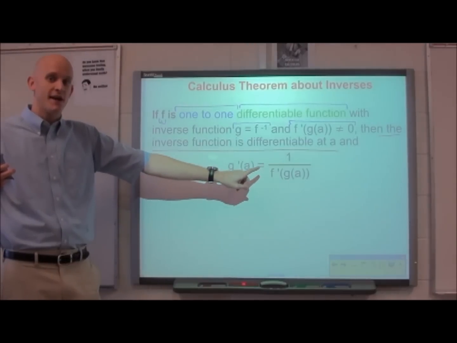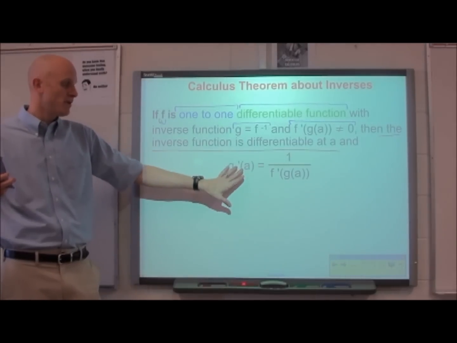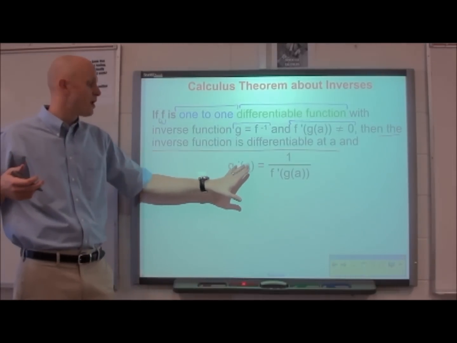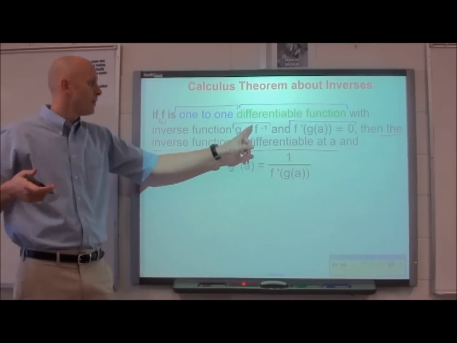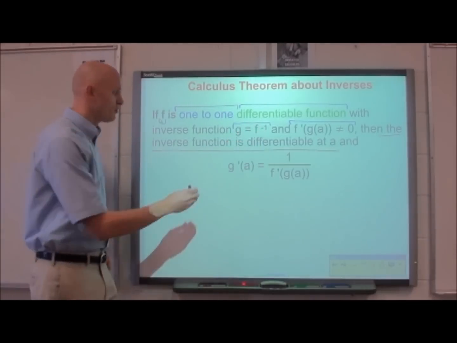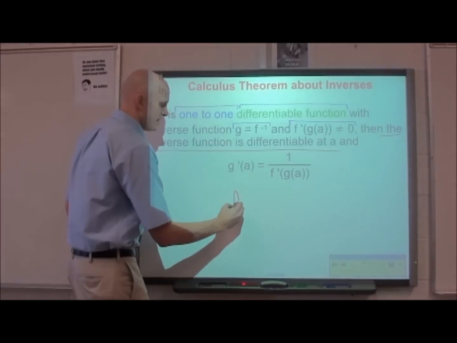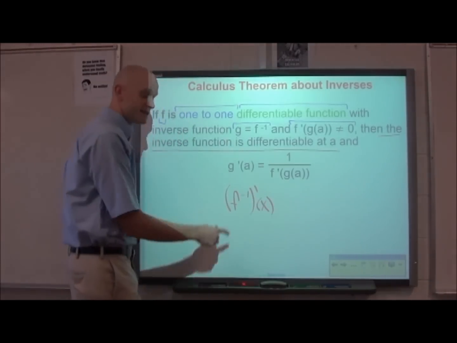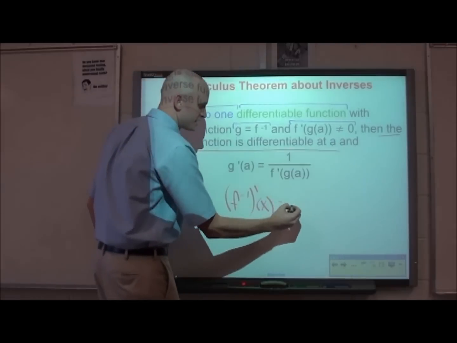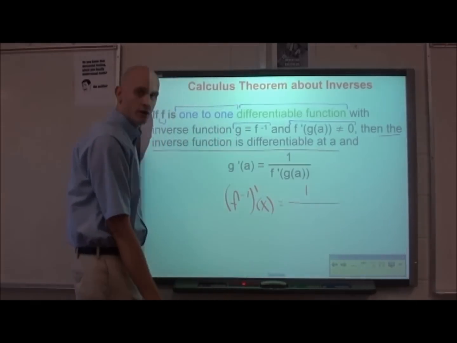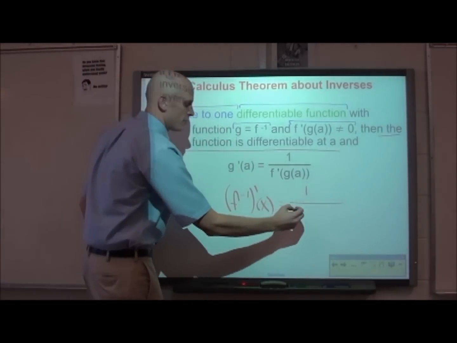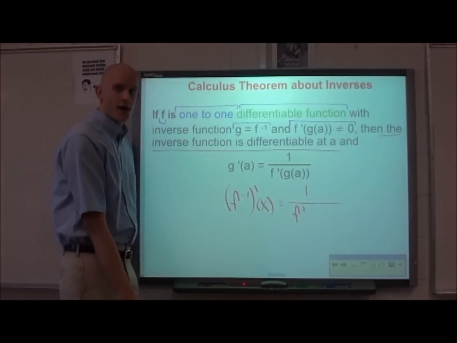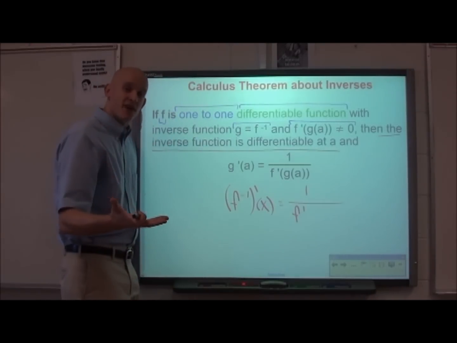and we have the formula to find the derivative. Now, let's talk about what this left side is. This is g prime of a. Remember, g was the inverse, so you can think of this as being the inverse's derivative. The derivative of the inverse is given by 1 over the derivative of the original function, f prime, but this is kind of like composition.